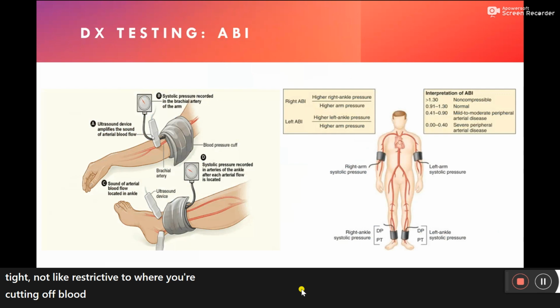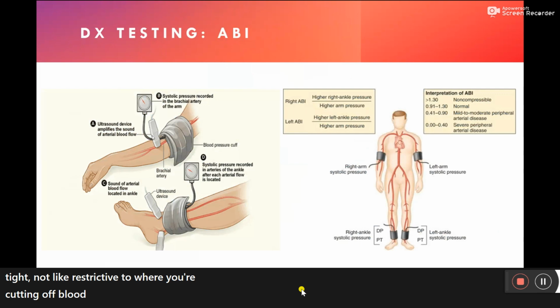Then you start to release the air until you hear the pulse. If you're doing the old school method with the sphygmomanometer and the stethoscope, when you hear your first beat, that first sign of a pulse, that's usually your systolic blood pressure. As you're releasing the pressure with the Doppler probe, you hear your first pulse, your first beat, that's your systolic blood pressure, and you want to measure that.